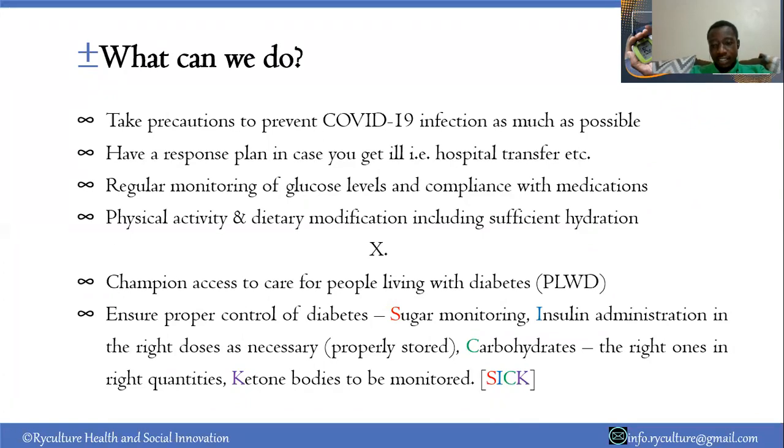Then we have carbohydrates, the right ones in right quantities. As I mentioned, there's the low glycemic index and the high glycemic index, depending on how the carbohydrate you're taking will enable you to get sugars. Bread, the white bread that we normally take, has a high glycemic index.